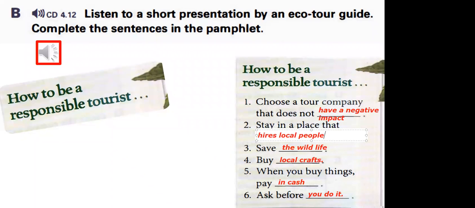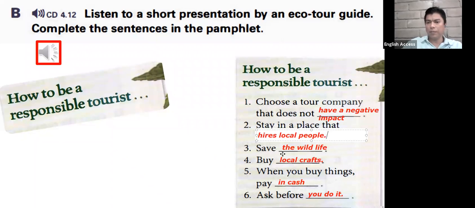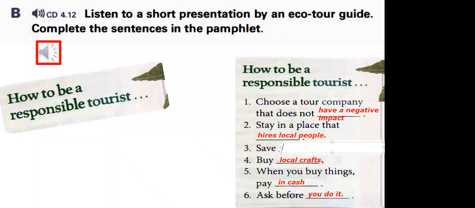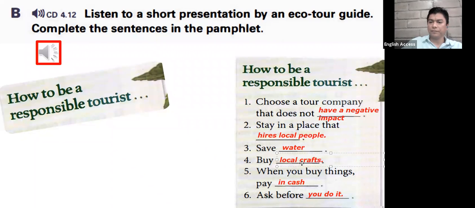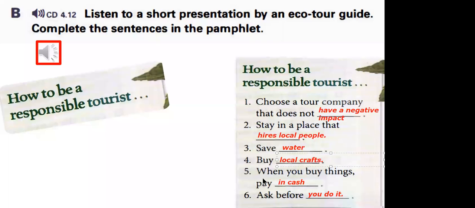Hires local people. Okay, what about number three? Save water. Number 4. Local crafts. Okay. Number 5. Nothing.